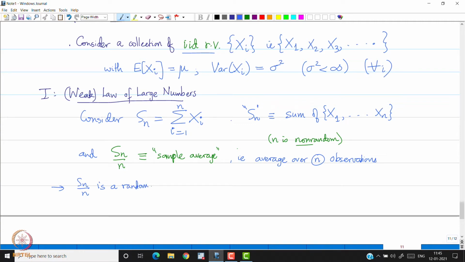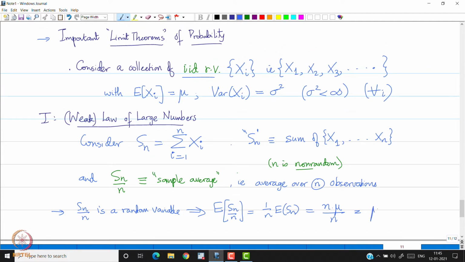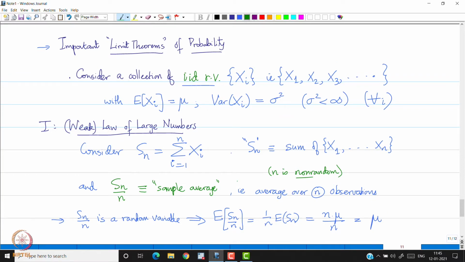So what are they? E of Sn by n is basically 1 by n E of Sn. This is basically nothing but mu, or let me write one more step here, it is n into mu divided by n, which is essentially equal to mu itself. Okay.